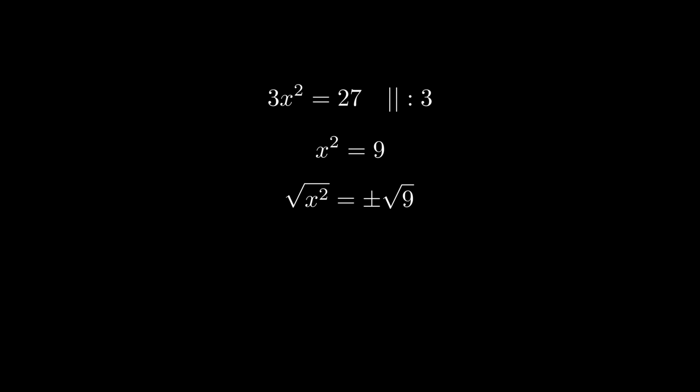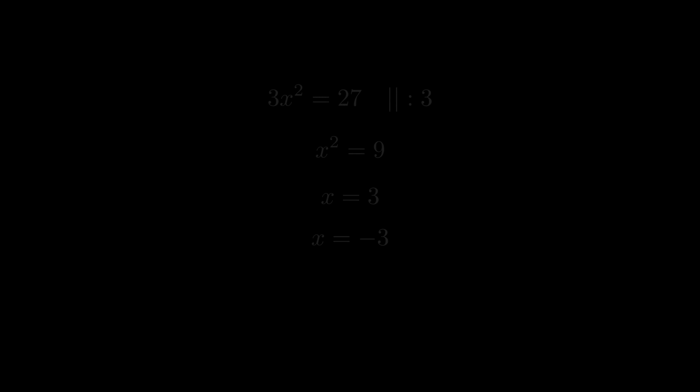It always appears on the right side when a square root is used in solving an equation, and the square root of 9 also remains there. So on the left side we have x, and on the right side we have plus-minus square root of 9. The square root of 9 is 3, and that plus-minus sign simply means that the solutions to the equation are positive 3 and negative 3.